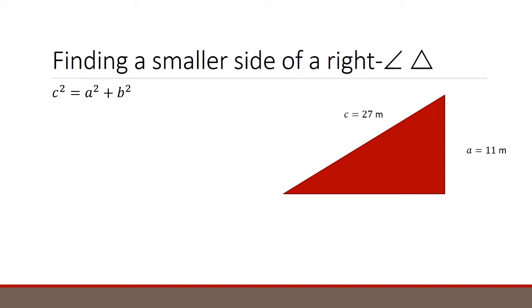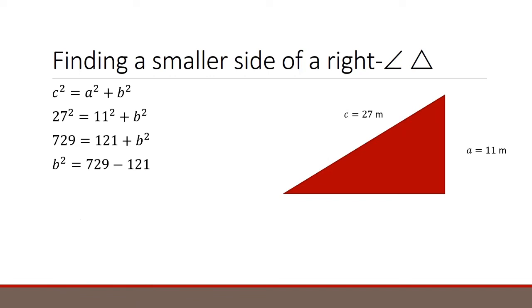So let's substitute. c is 27, a is 11. 27 squared is 729. 11 squared is 121. Let's rearrange and put b squared onto the left-hand side all by itself. So we make b squared the subject of the equation.